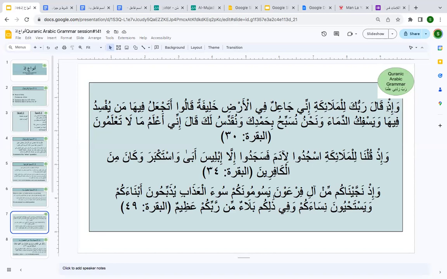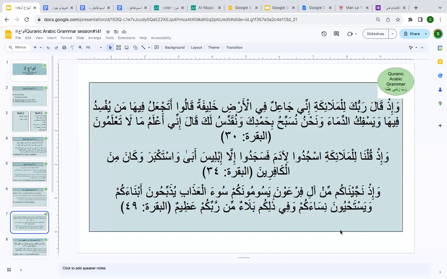That time has passed. He's asking him to remember the incident. He is asking him to remember the incident, and Allah is asking us all to remember. What should you remember? Idh qala rabbuka lil-mala'ikati, idh qulna lil-mala'ikati usjudu. Allah is asking us and the Prophet to remember.